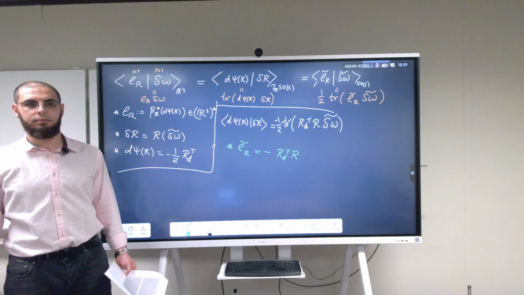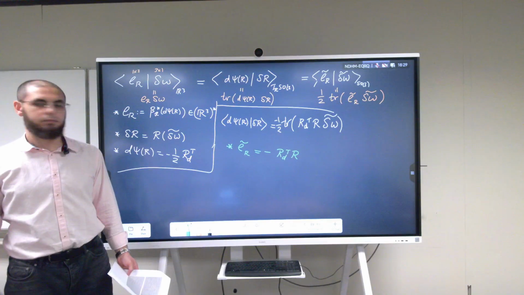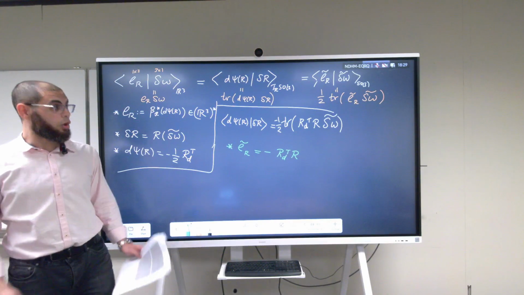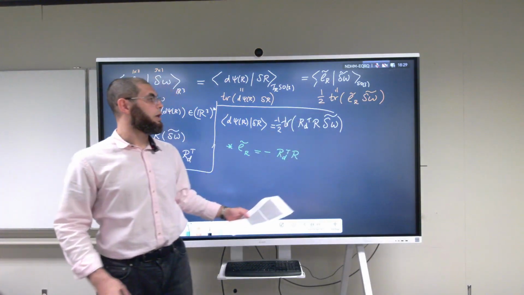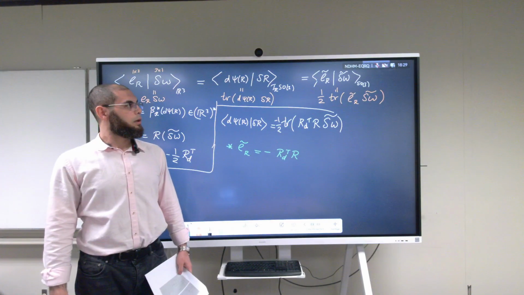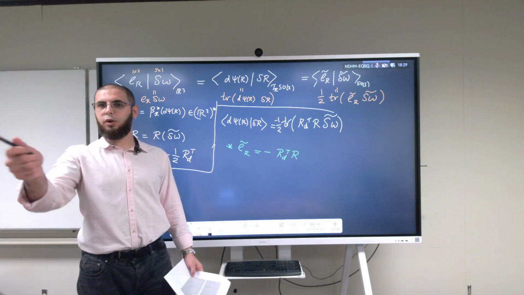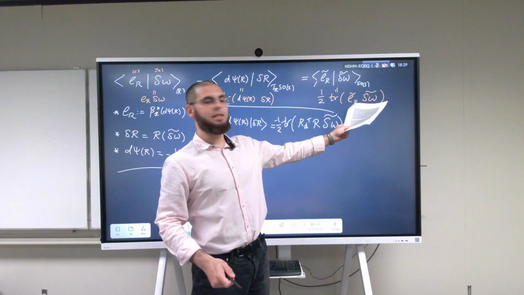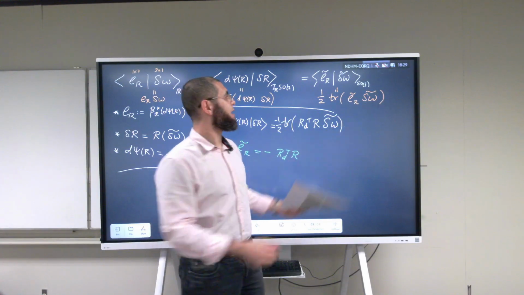Because R is acting on delta tilde? Because it is under the trace? No, because of the trace you can do that. That's not the reason. That's actually related to the question someone asked: are there any restrictions here for this space? We said that this should be a covector, right?